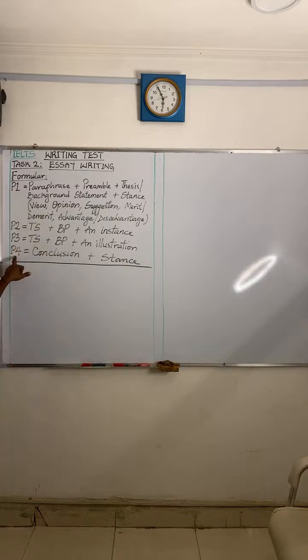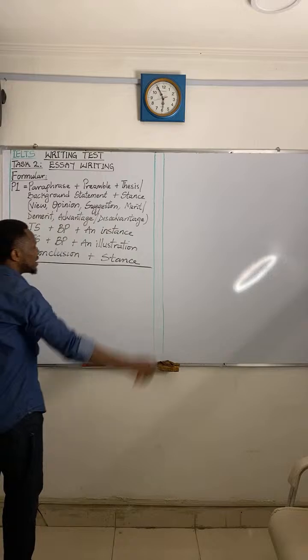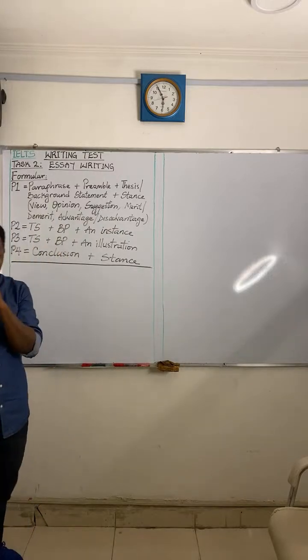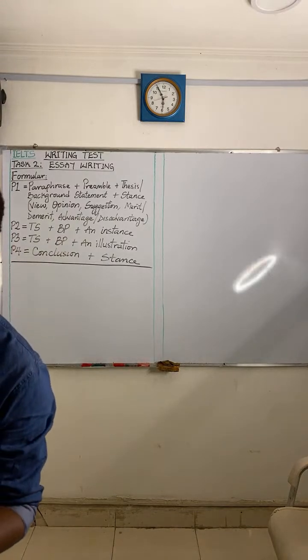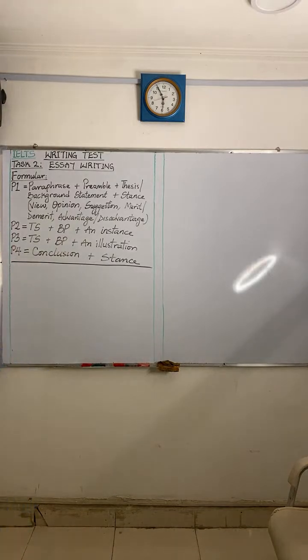You may not be able to do that because of time, right? But no matter what happens on the day of your essay or writing test, please ensure that you proofread your paragraphs 1 and 2. Ensure you take your time to proofread. When you are proofreading, do not use your eyes alone to go through what you have written. You can do finger pointing.